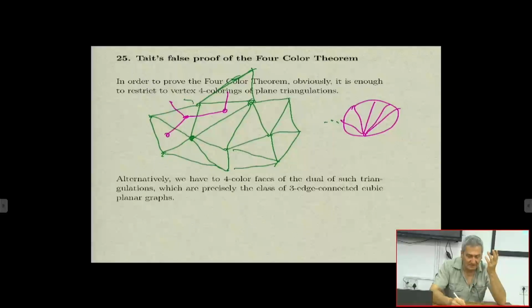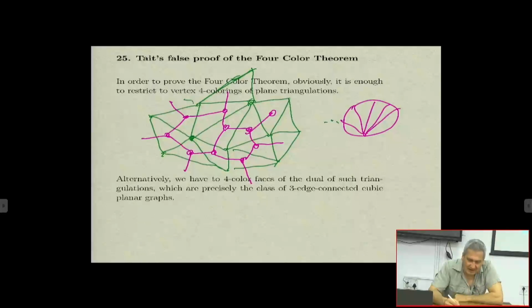Can somebody tell me some property of this dual graph? Cubic graph, yes. It's also 3-connected, probably. Also connectivity is satisfied. And so on. Yes, this is a cubic graph.